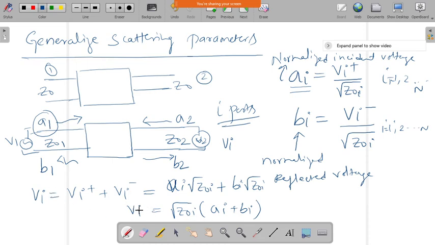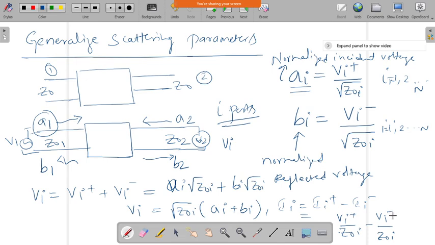Similarly, we have the current Ii equal to Ii plus minus Ii minus, which is nothing but Vi plus divided by ZOi minus Vi minus divided by ZOi. So this is Ii.